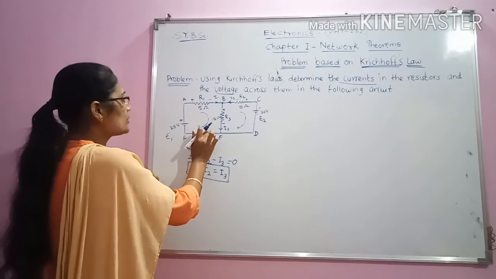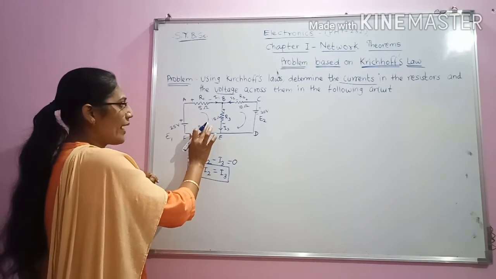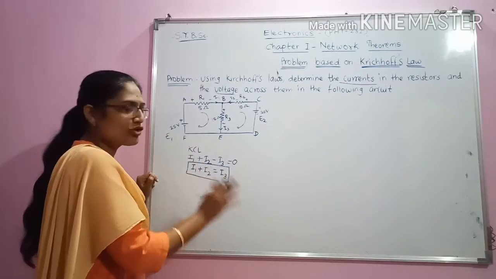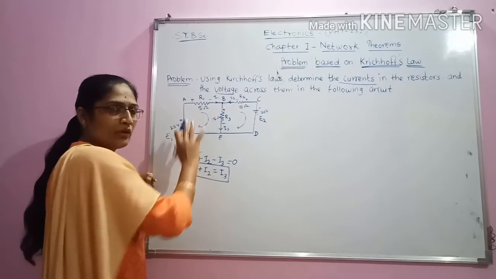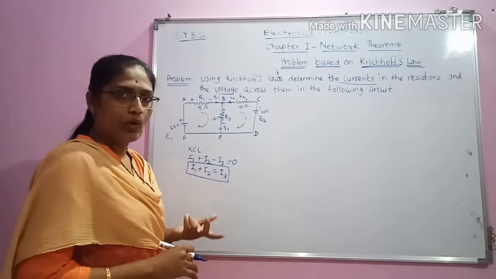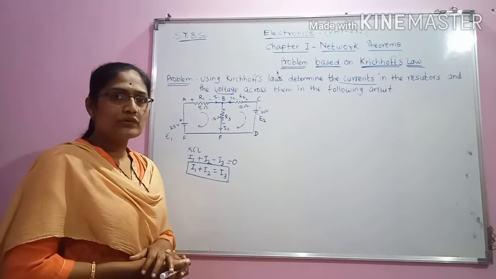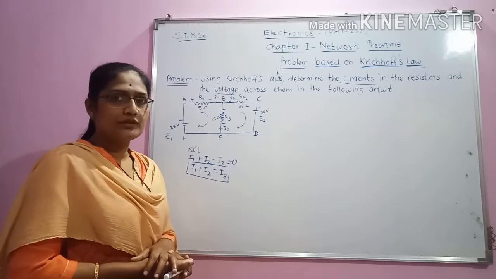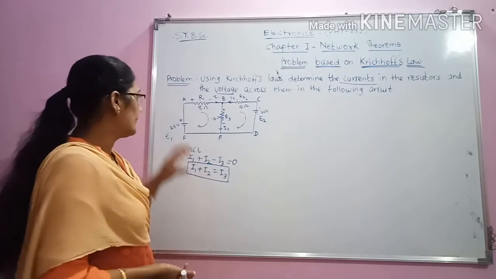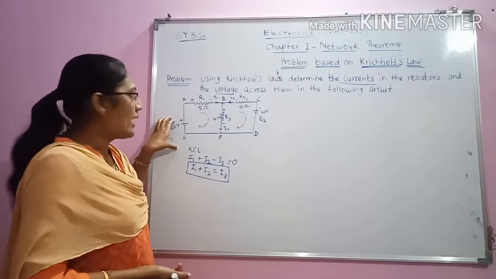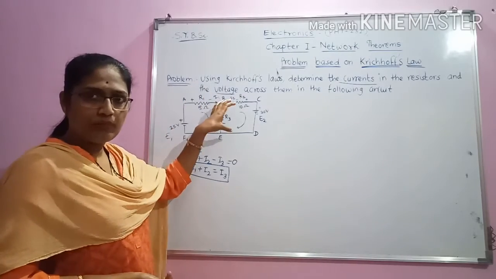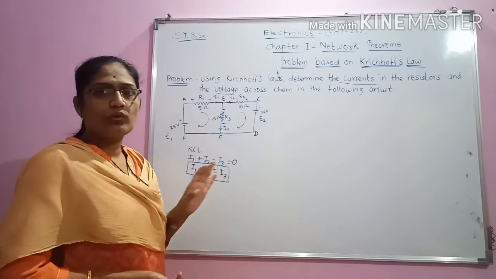So we will apply Kirchhoff's voltage law to the first loop. We should recall the things related to Kirchhoff's voltage law. What was Kirchhoff's voltage law? The algebraic sum of the sources and the voltage drops in a loop is equal to 0.